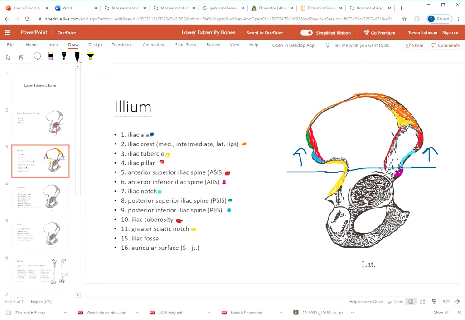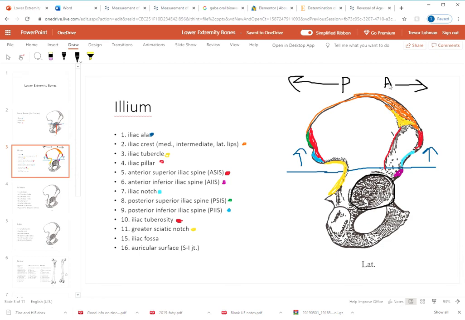This big structure here is where the head of our femur attaches. So you could imagine that this must be lateral. We must be looking at a lateral view. Since the femur attaches on the outside of our coxal bone, we must be looking at this from a lateral perspective. And we are, and it's the right. So that means that this is anterior, and this is posterior.